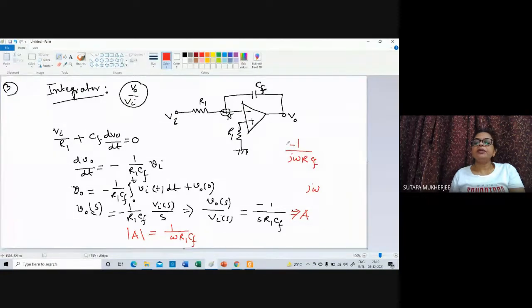If you take the magnitude, what will happen? j squared is minus 1, minus minus plus. So it will be 1 by omega R CF. Am I correct?